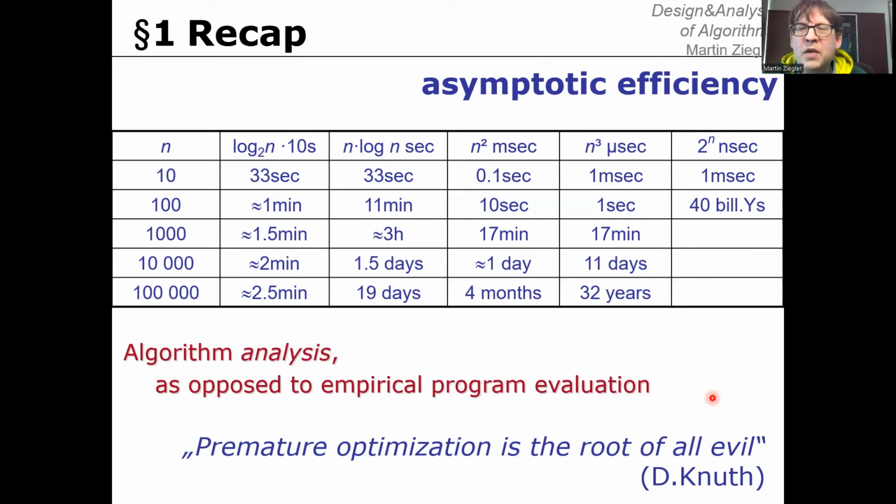So all these contingencies are taken care of and taken away when performing algorithm analysis, as opposed to empirical program evaluation. And the focus in this course is on asymptotic efficiency for simplicity, right? So imagine an algorithm whose running time is 17 times n cubed plus 5 times n squared plus 100 times n, and so on.